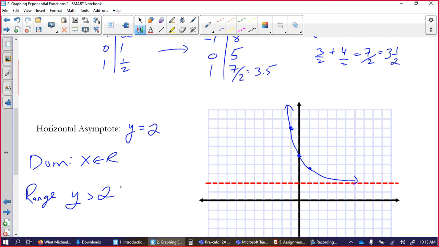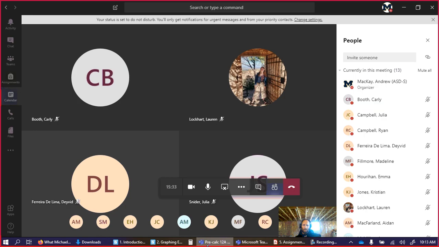With a vertical translation, it's really shifting up and stretching up or down. Hopefully that's pretty standard. No one has any issues with that. Are there any questions?